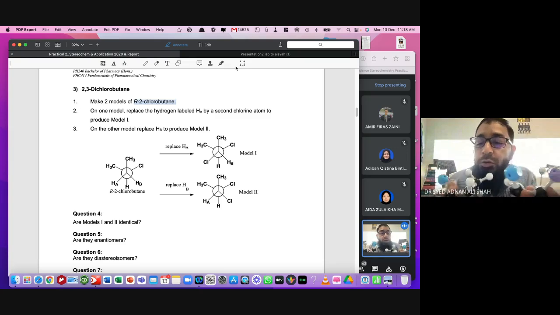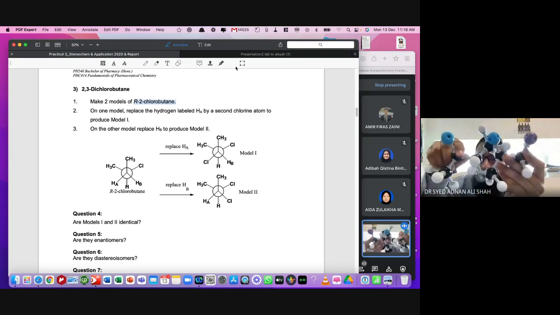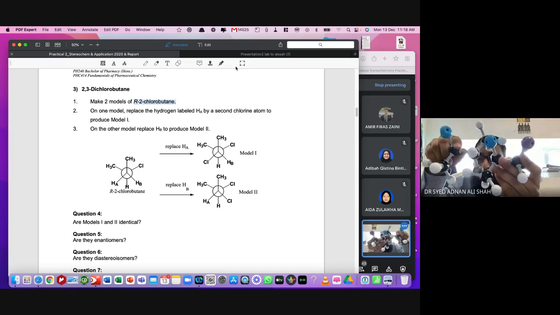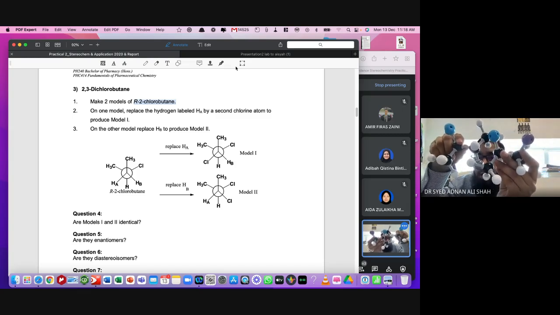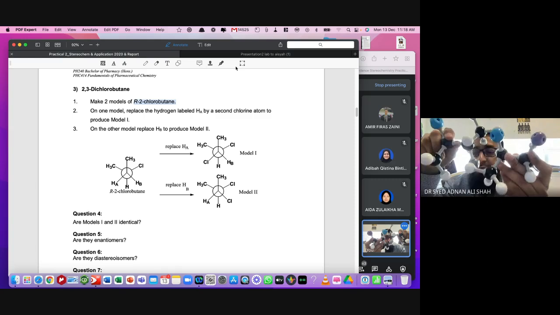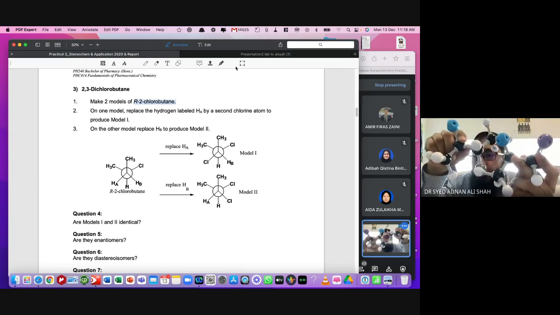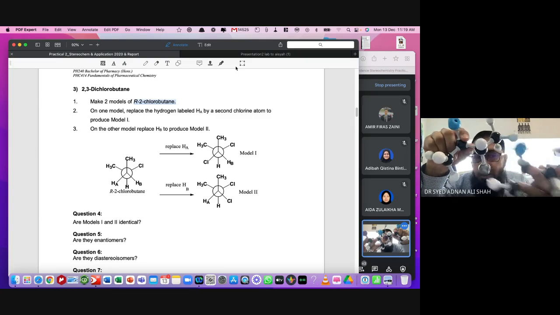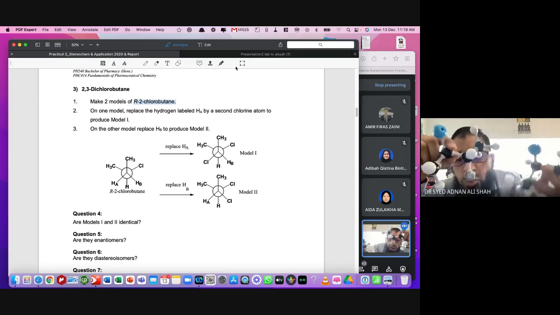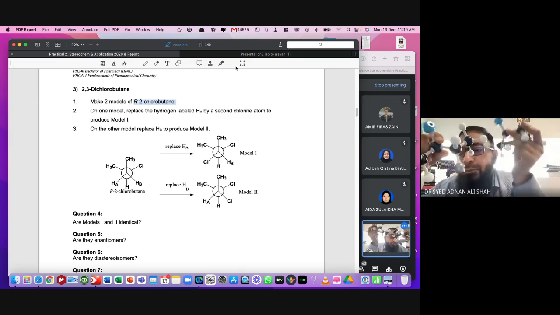So in one molecule we replaced Ha with the chloride, and in the second molecule we replaced the Hb with the chloride. So both hydrogens are at different positions, of course, right? So are these one or two models the same or different?